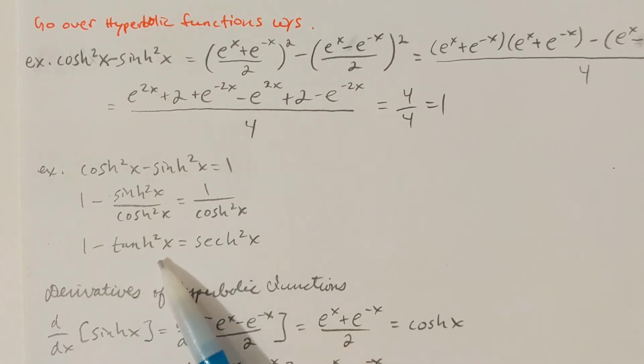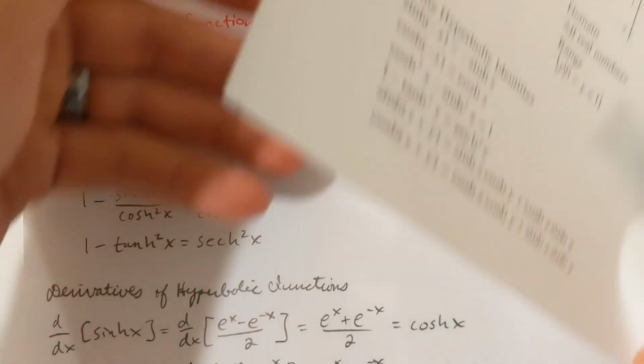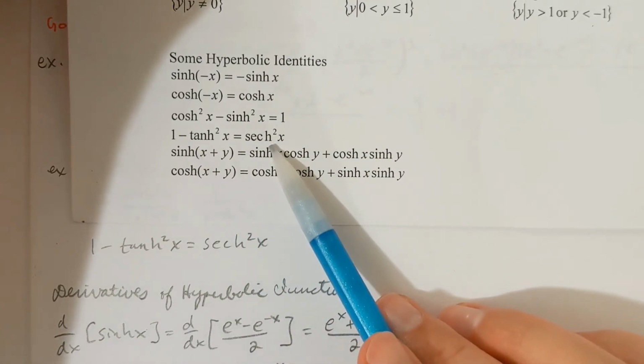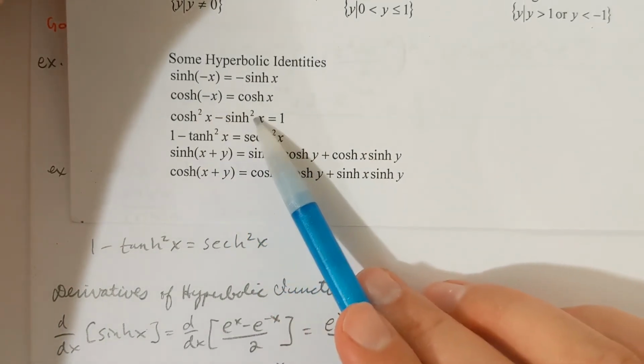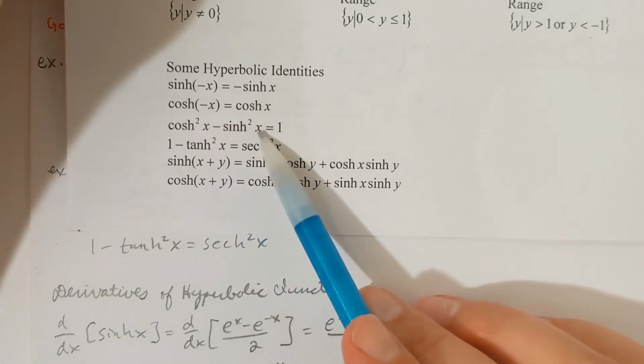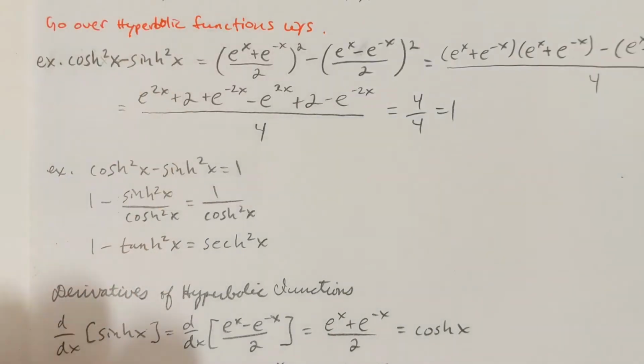I'm going to have a hyperbolic tangent squared x, since I'm squaring both these things. 1 over hyperbolic cosine x would be, by definition, how we define hyperbolic secant x. So I'm going to have a hyperbolic secant squared x there on the right. So that is where this identity is coming from, just taking this one and dividing both sides by hyperbolic cosine squared x. Of course, I could divide both sides by hyperbolic sine squared x and produce another identity there.